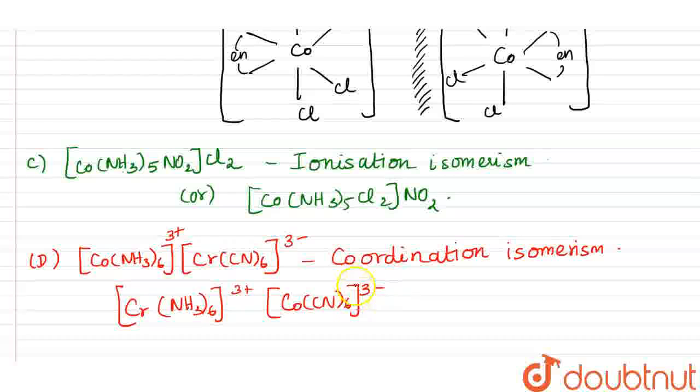In this way the ligands can interchange between the metal in the cation and the metal in the anion. That is called coordination isomerism. Both have the same composition, with the difference within the coordination sphere.